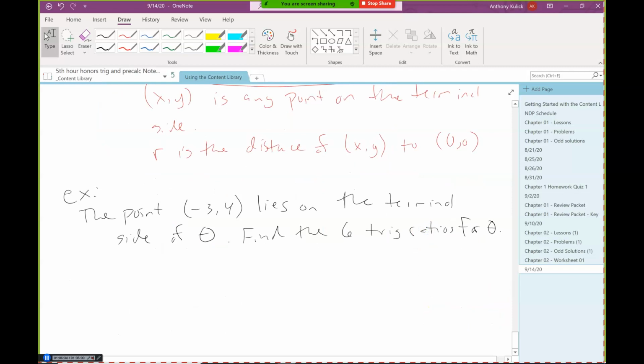Okay, let's say the point -3, 4 lies on the terminal side of theta. Find the 6 ratios for theta. Well, the first thing I want to do is calculate r.